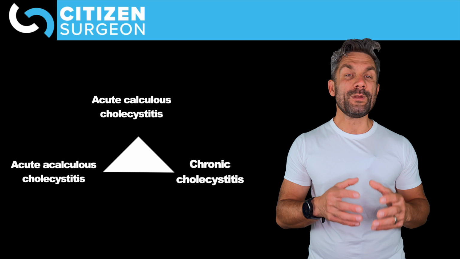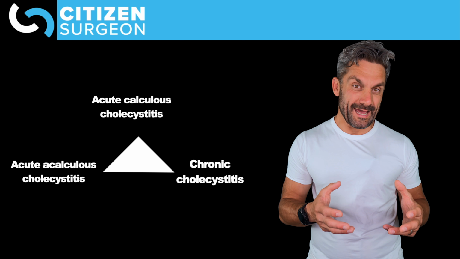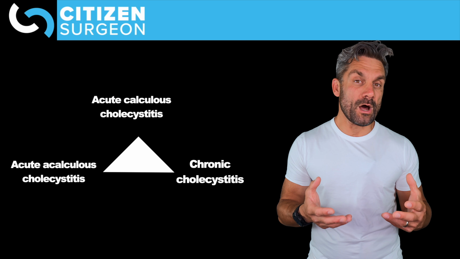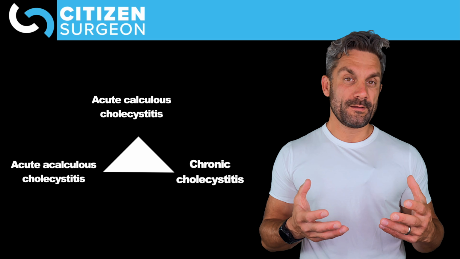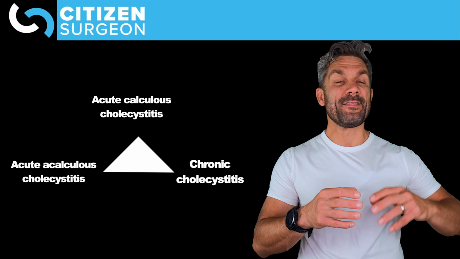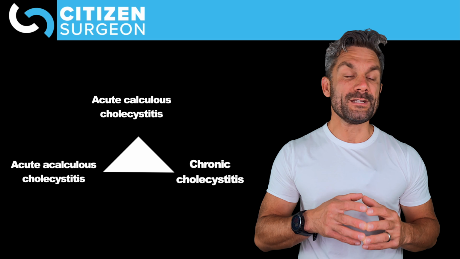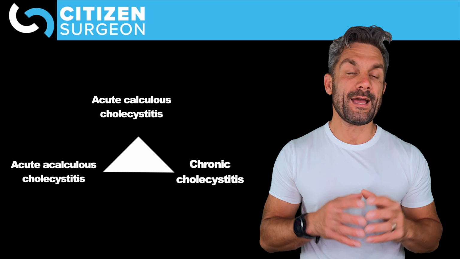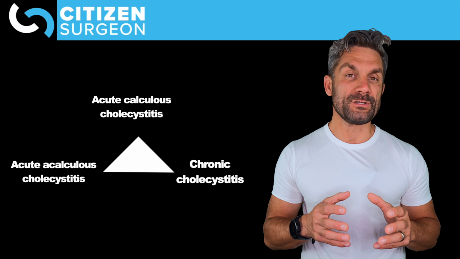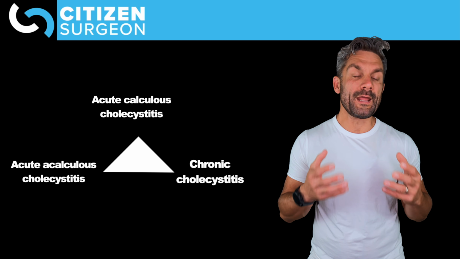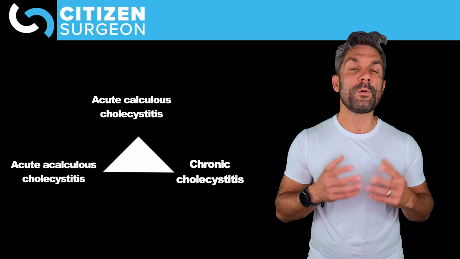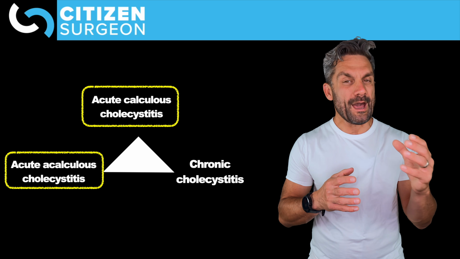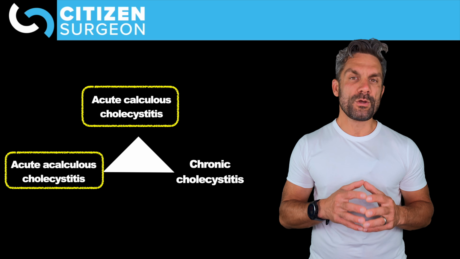We could have acute acalculous cholecystitis, so that's inflammation of the gallbladder without gallstones, okay? And I'm going to talk about that at the very end of the video, so make sure to stick on because that's a really important diagnosis that we sometimes have to make in critically ill patients. And then third is chronic cholecystitis, but today we're really going to be focusing on acute calculous and acalculous cholecystitis.